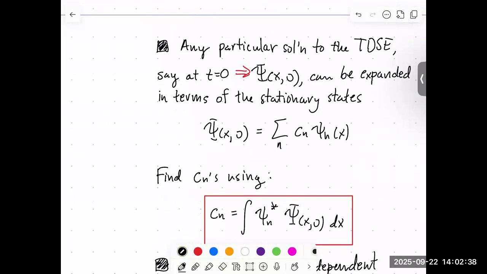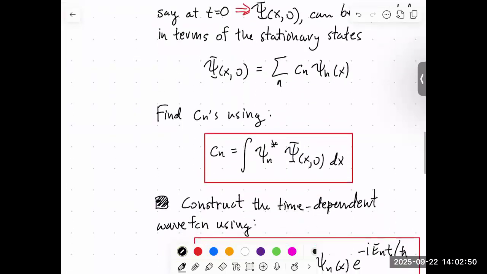Given this function, this solution psi of x at 0, we have to find all the appropriate Cn's. The way we found those Cn's was by solving this integral, where we took the conjugate of a stationary state and multiplied it by this function.